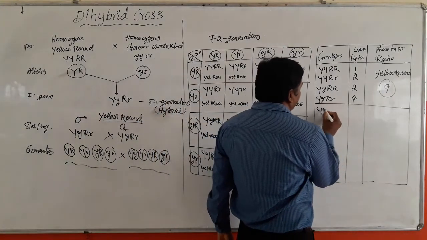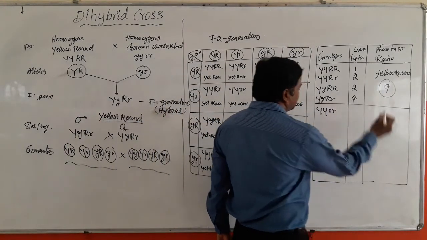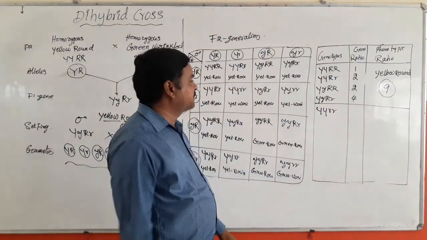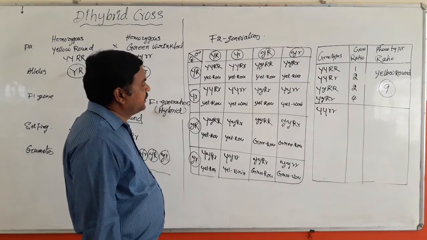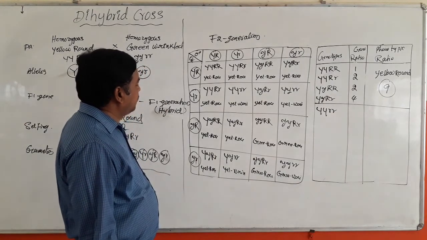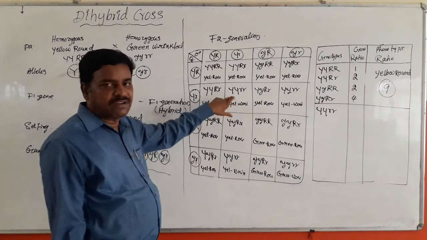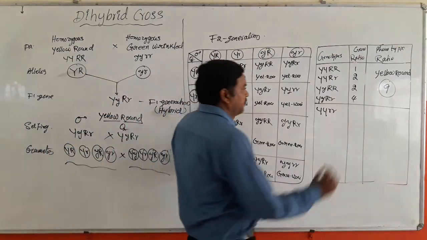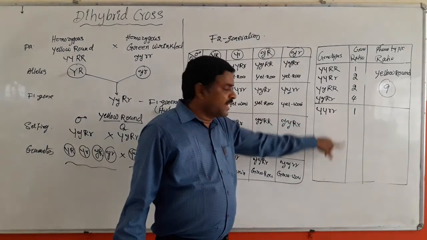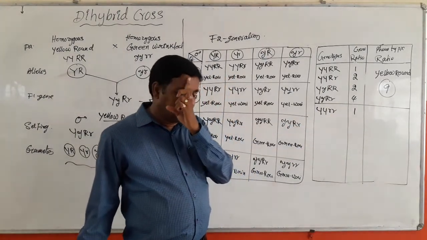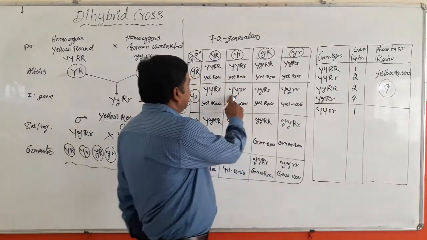How many capital Y capital Y small r small r genotypes are there? That is only one. And where is the location? This one. This type of genotype is present only one.